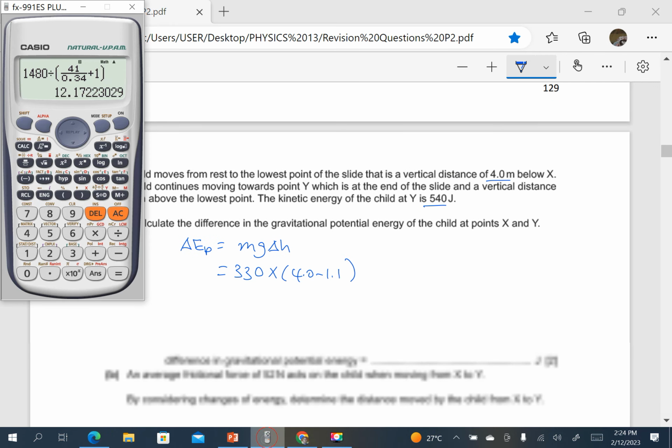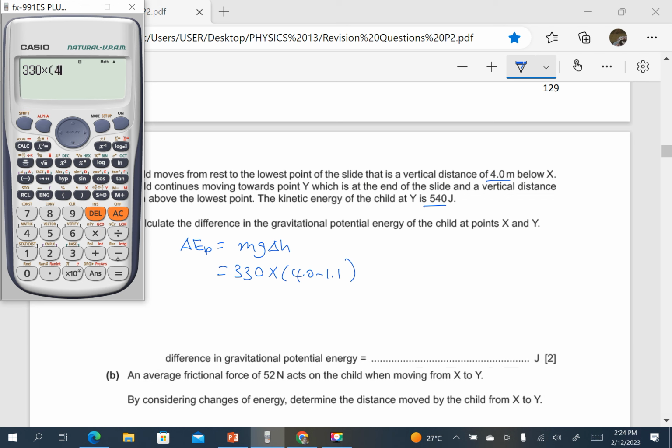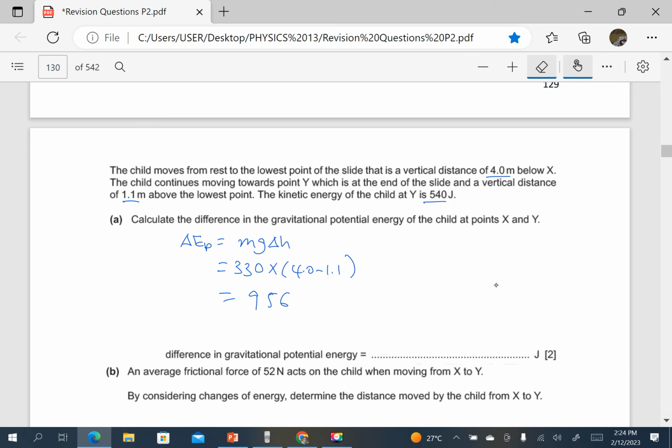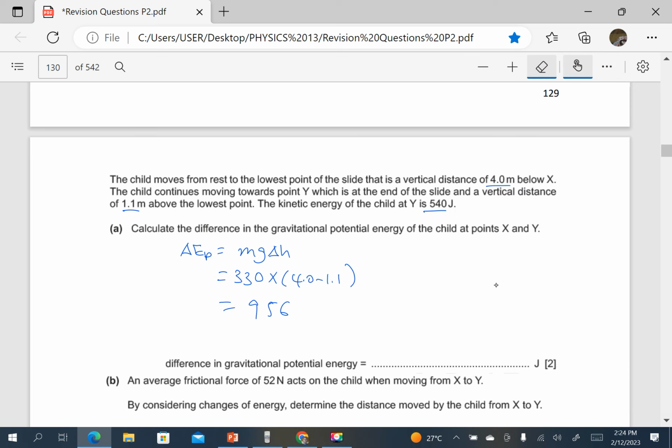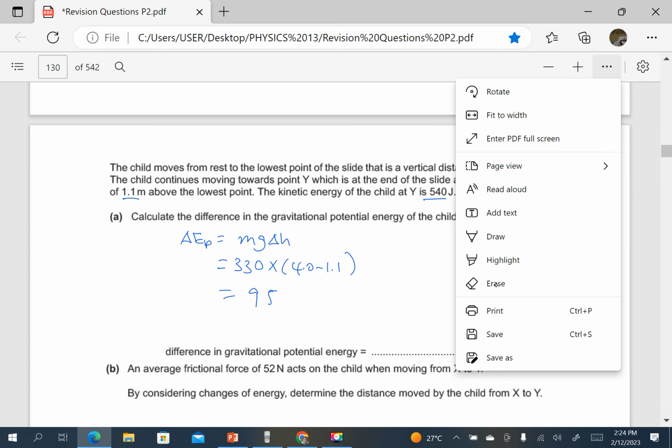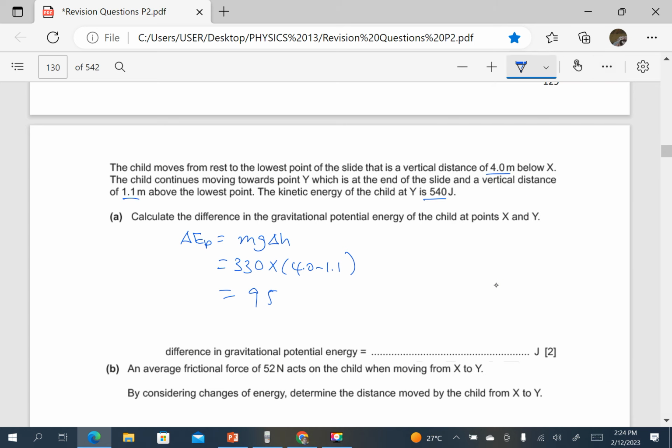So 330 times 4 minus 1.1. That is 957, which is approximately 960.